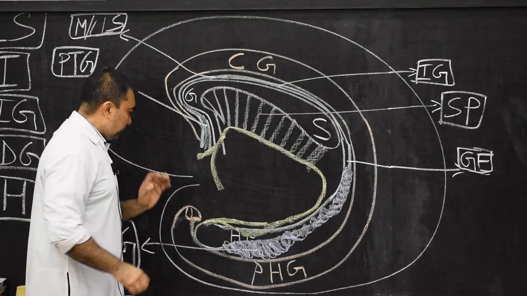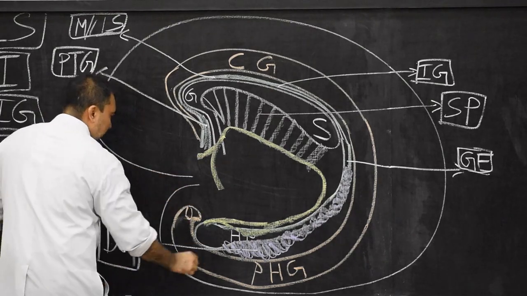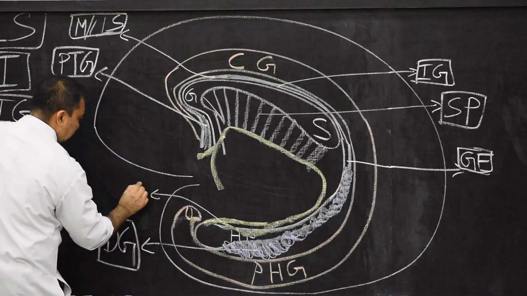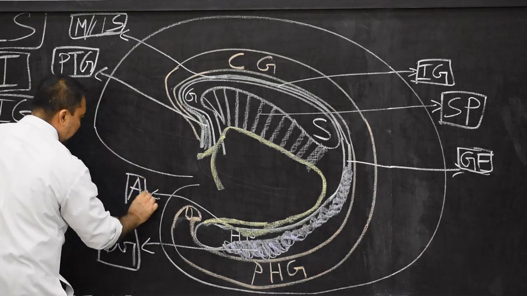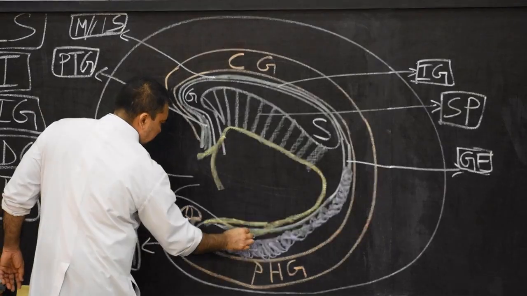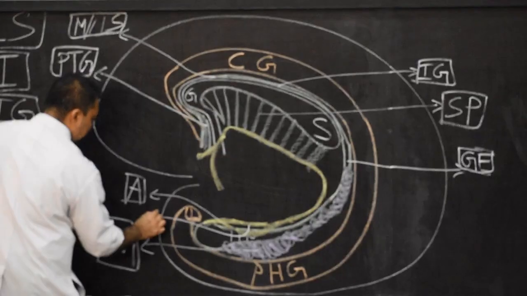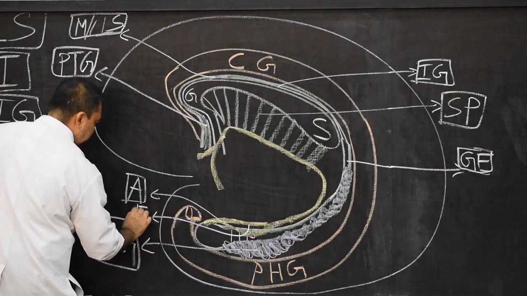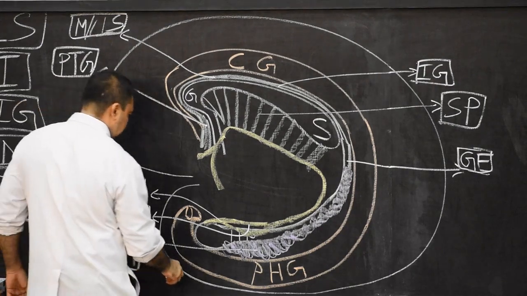So here simply we will note down this as the alveus, A-L-V-E-U-S. Then here we will note this as the fimbria. Alveus will continue posteriorly as the fimbria.